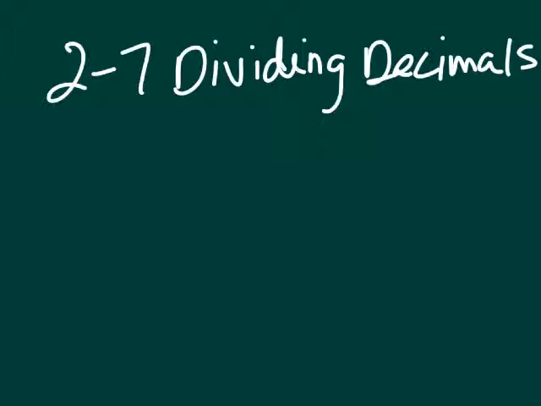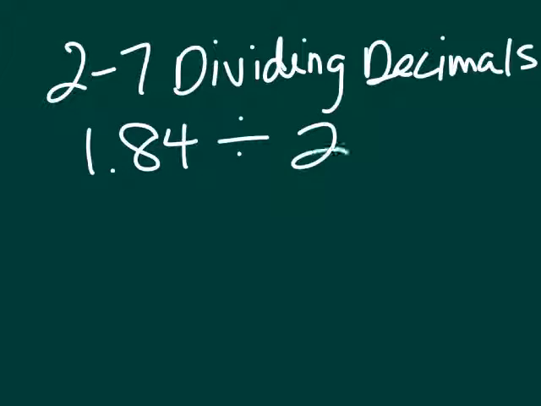So we're going to start with something kind of on the easier side, and we're going to divide a decimal by a whole number. Okay, so if I have 1.84 divided by 2. And I want to have a couple of terms for you. So the number that you're dividing into is called the dividend.